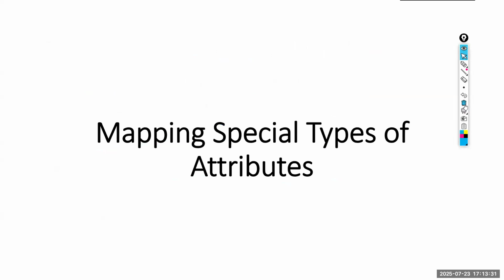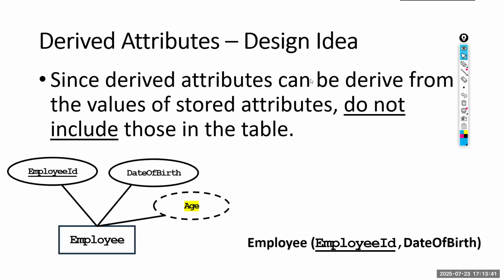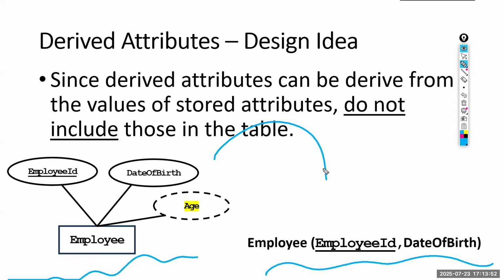Right. Now we are going to look at how to map different types of attributes when it comes to designing. If you have a derived attribute, this is from analysis and this is your design. So, analysis to design: if you have derived attributes, you can simply ignore them. You can see employee ID is there, your identifier has become your primary key.